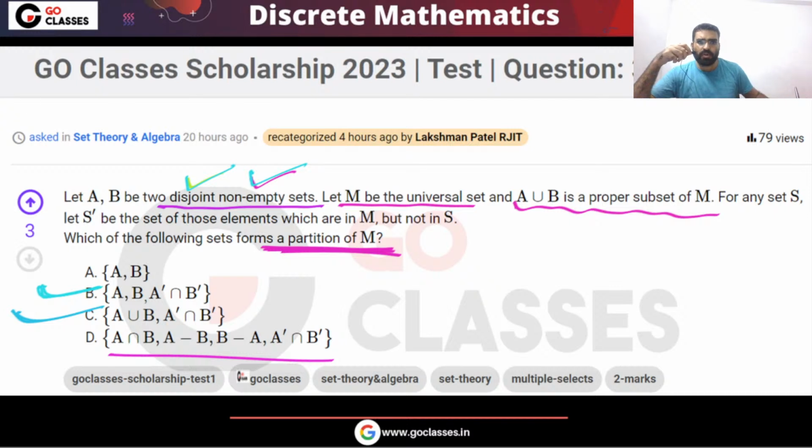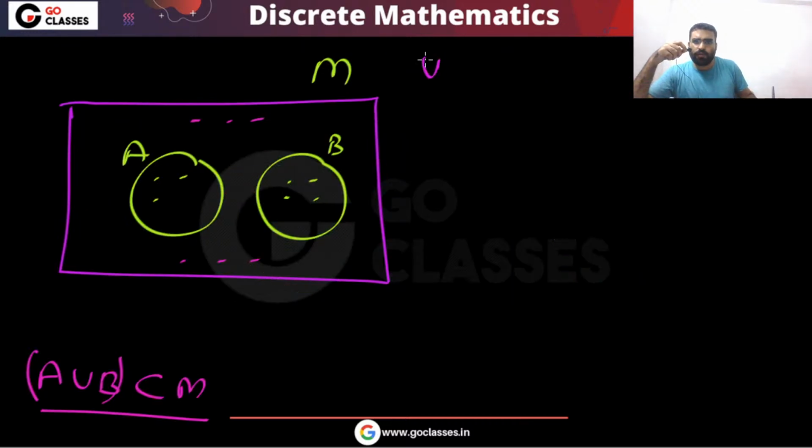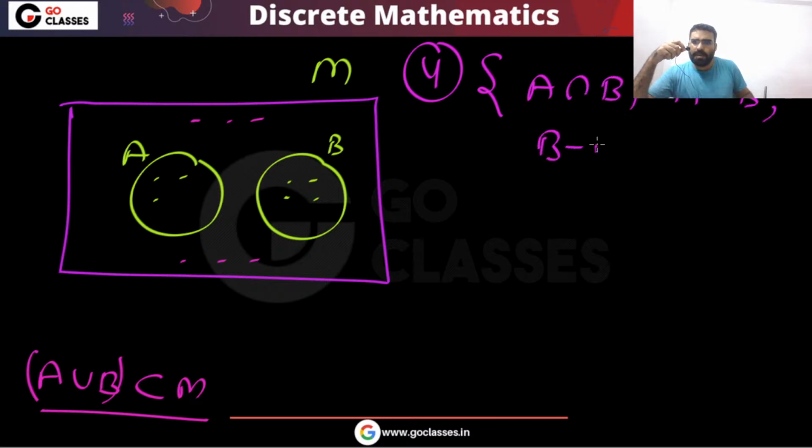What about option number 4? Tell me quickly. A intersection B, A minus B, B minus A, and A complement intersection B complement. Is this a partition?